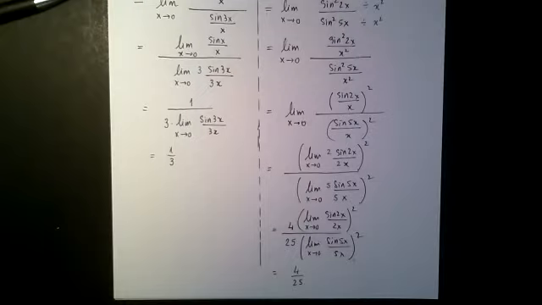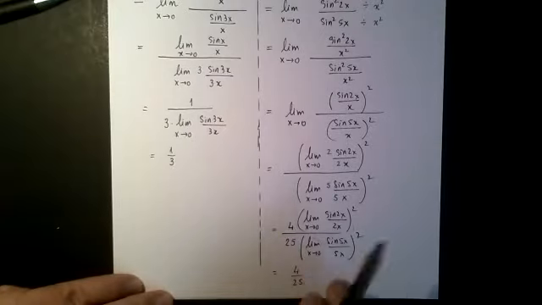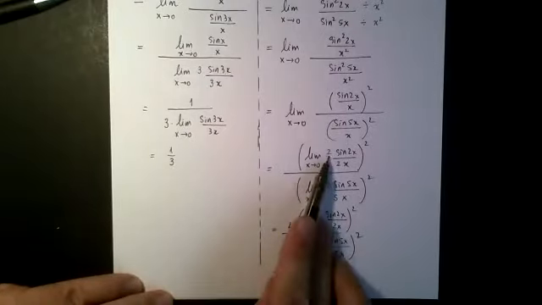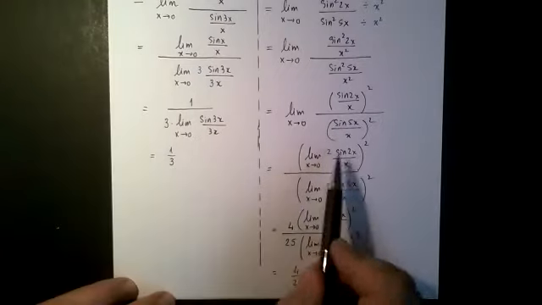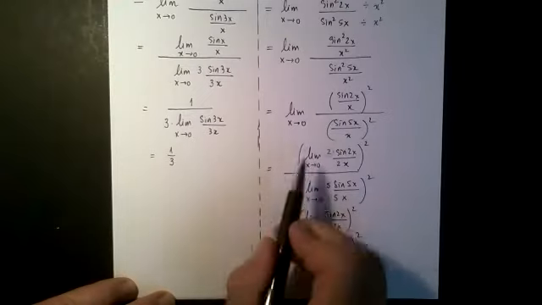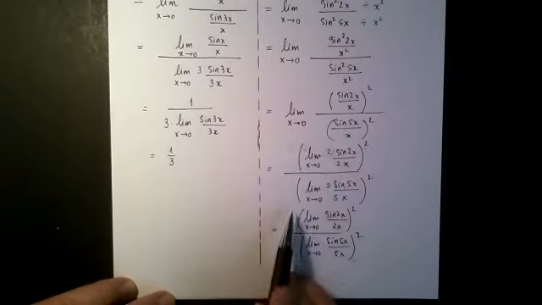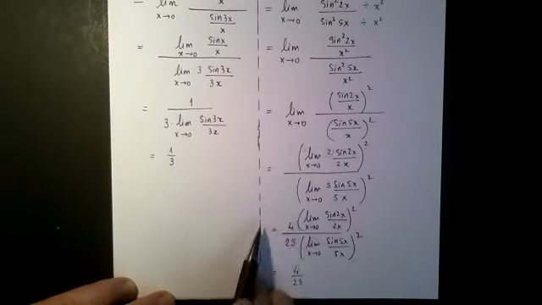Okay. I have a question. Yes. Where does the 4 come from? Which 4? The 4 on 25. This one here. Yeah. It's because of this 2, okay? So this 2 here, I'm going to pull it out of the limit, it's here. And then I'm going to pull it out of the brackets, so it becomes squared. It becomes 4. When you take it out of the bracket, you have to apply the power 2 on it.